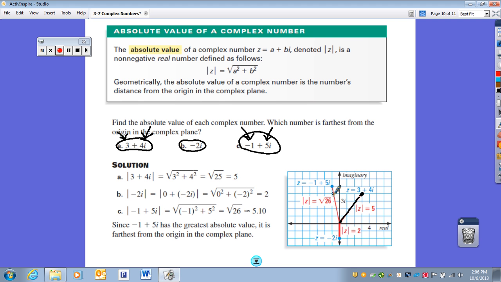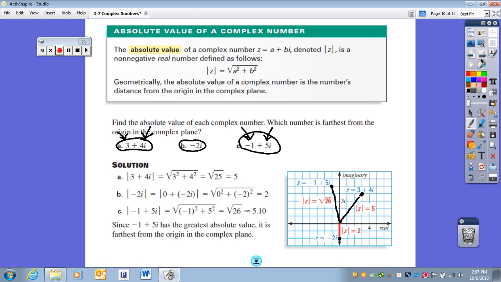In our second example, we had negative 2i, so here was that point graphed on the coordinate plane. And when we found the distance, that would be actually 2 units from the origin. That's the absolute value. In the third example, we had negative 1 plus 5i. So when we found the absolute value of it, we got the square root of 26, and that is the distance from the origin.